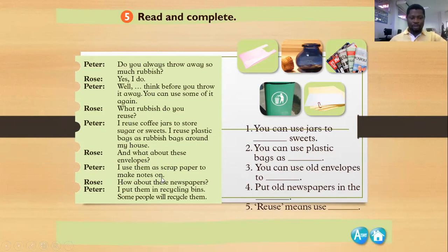I use them as scrap paper to make notes on. How about these newspapers? I put them in recycling bins. Some people will recycle them.